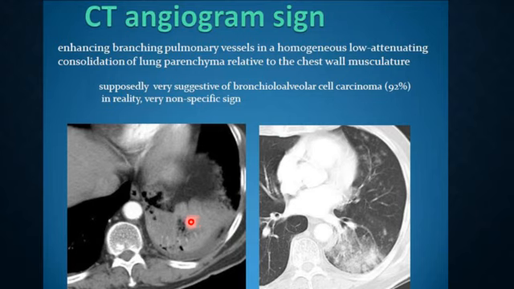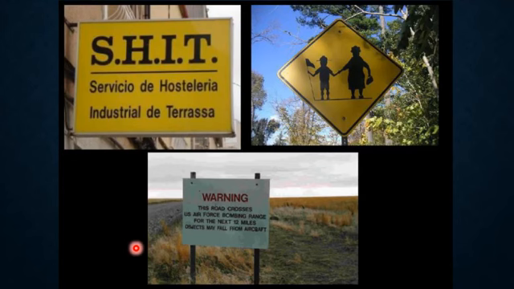So it is not specific in reality. You can see consolidation, airspace opacification of whatever cause, with multiple linear enhancing vessels indicating the CT angiogram sign.